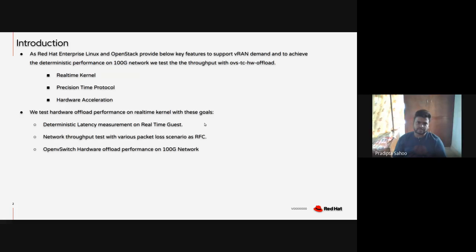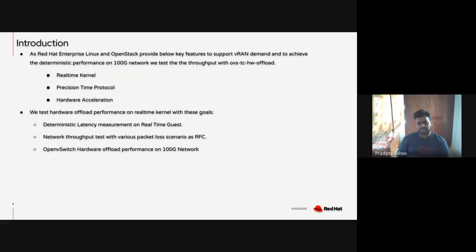OpenStack has various features suitable for NFV environments, like SR-IOV, OVS-DPDK, real-time kernel, and OVS hardware offload. Coming to complex and advanced use cases like vRAN and 5G requirements, the telco application expects network throughput performance, but on the other side it also requires deterministic performance from the application side.